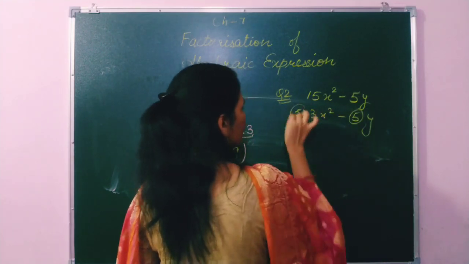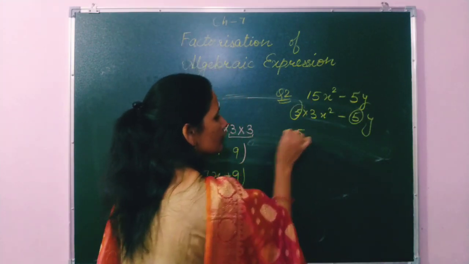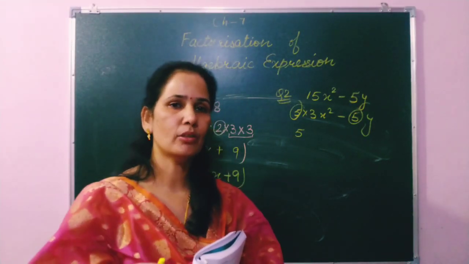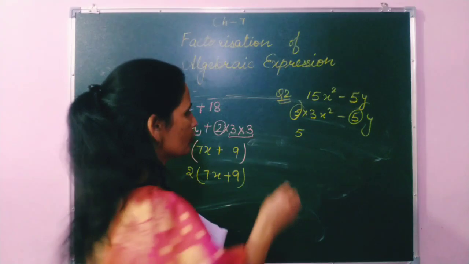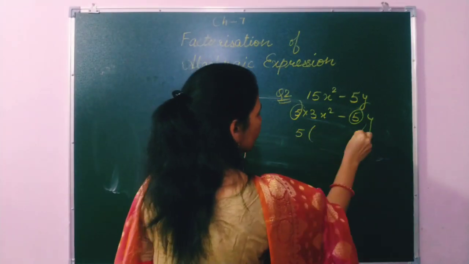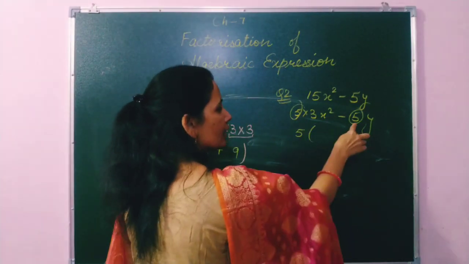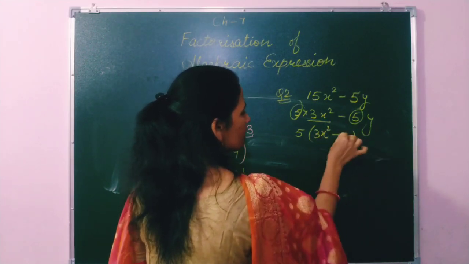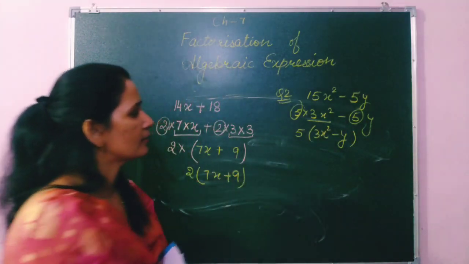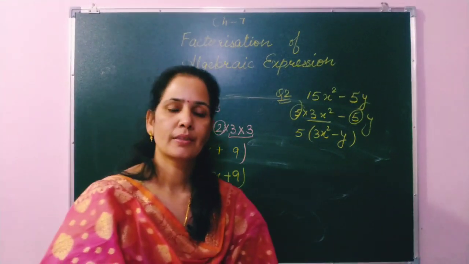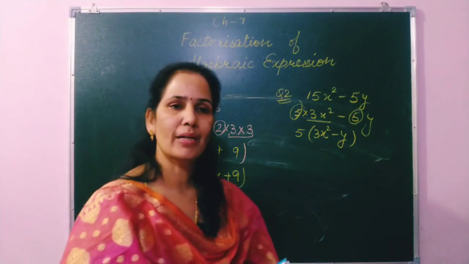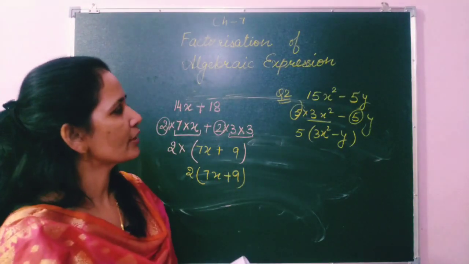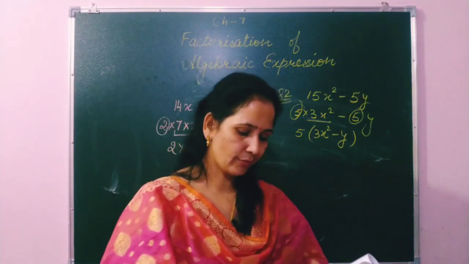Which number is common? 5. So we have written 5 outside. Students, when we have taken any number common, don't write it again inside the bracket. Here remains 3x square and here minus y. So the factor is 5 multiplied by 3x square minus y. In this way, students, we have written the factor of 15x square minus 5y.